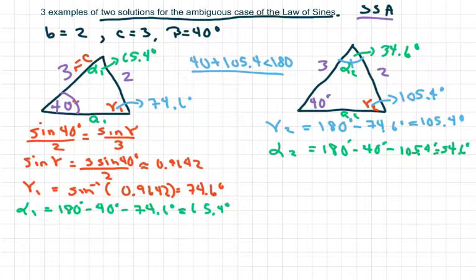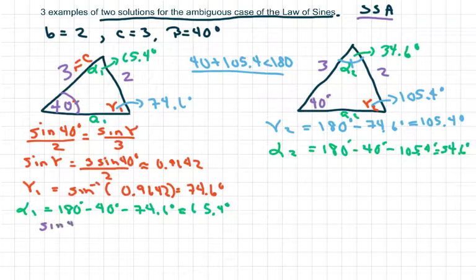And then all you have to do is find your A's. So A is going to be sine of beta. So let's do purple now.